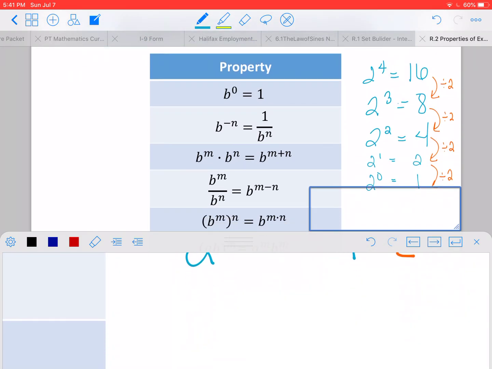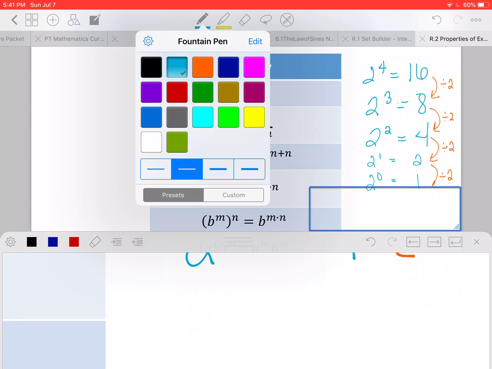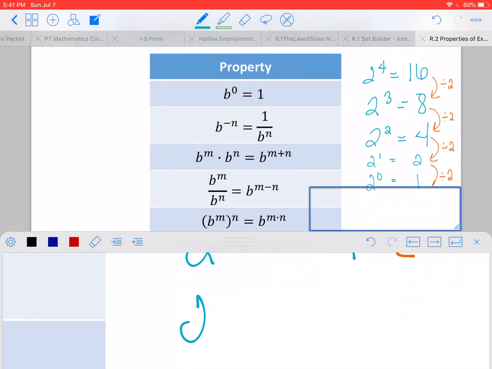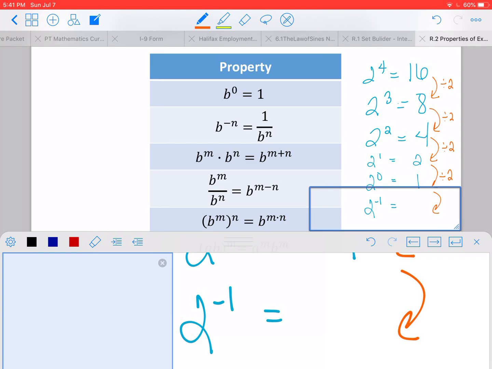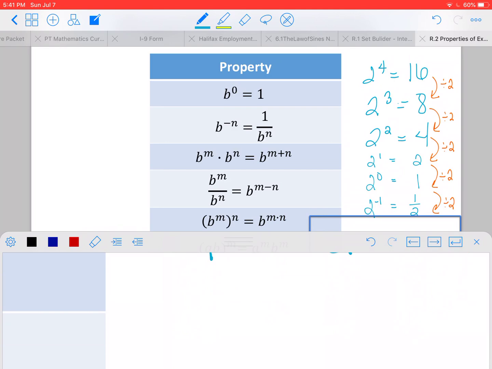Keep going down to 2 to the negative 1. Well, this time, if you divide 1 by 2, then we have 1/2. So notice that 2 to the negative 1 is 1/2.